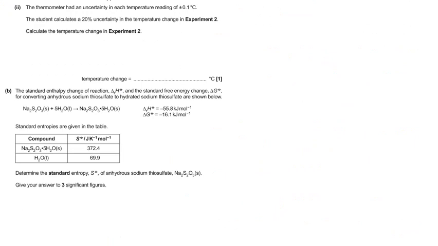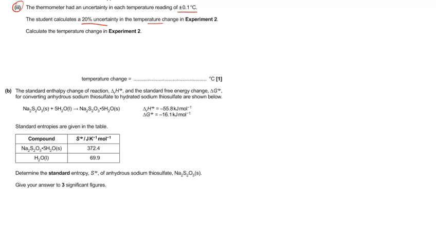So moving on to part 2, about uncertainties in the reading of an instrument, in this case a thermometer. We've got a reading each time we use the thermometer. We've got an uncertainty of plus minus 0.1 degrees C, and the student calculates a 20% uncertainty, and we need to work out the temperature change.